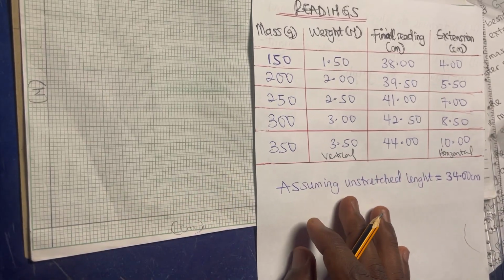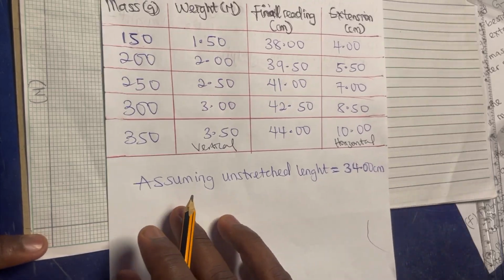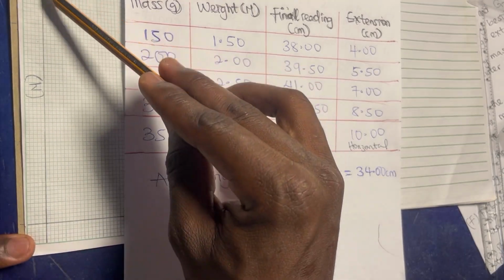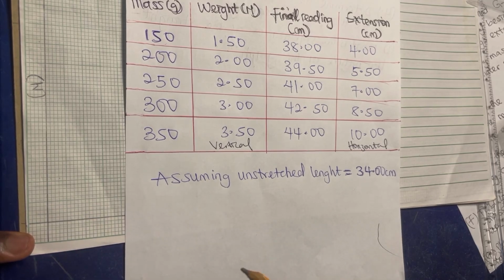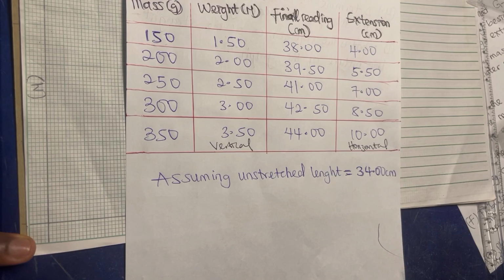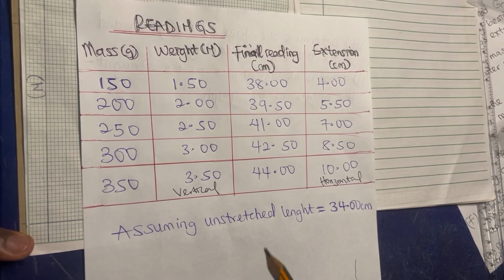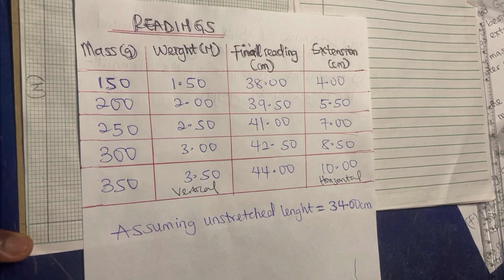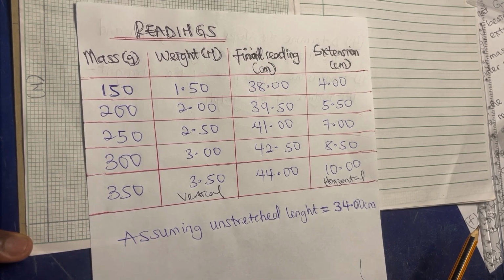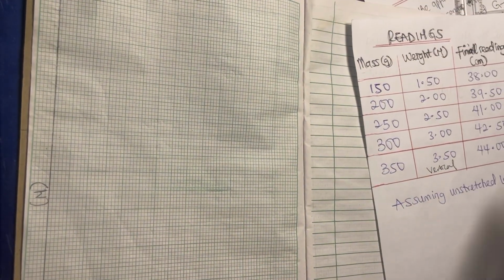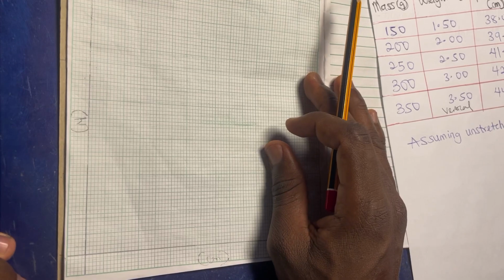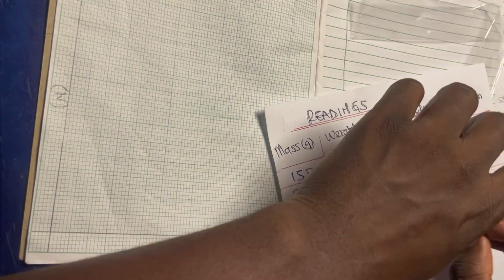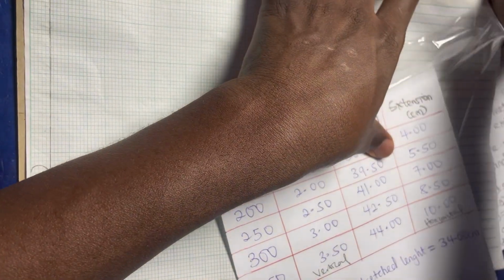So now for my readings, let me deal with the vertical axis first. The vertical axis is your y-axis, while your horizontal axis is your x-axis. From this reading, I have 1.5, 2.5, 3.5. I can make it so that 2 centimeter represents 0.5 unit, and that should work. So let me measure 2 centimeter here to show you.